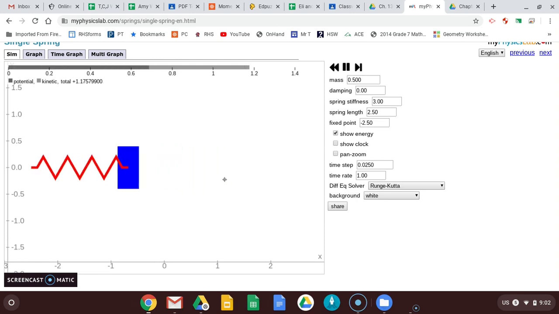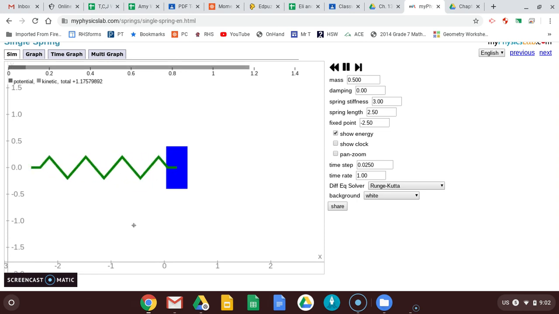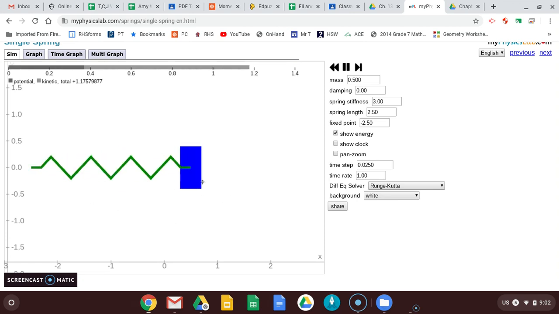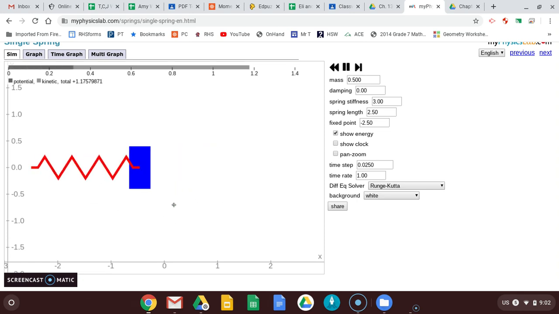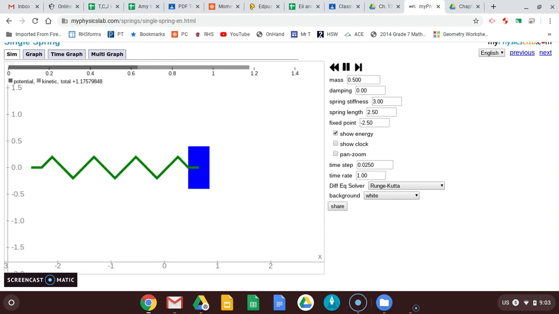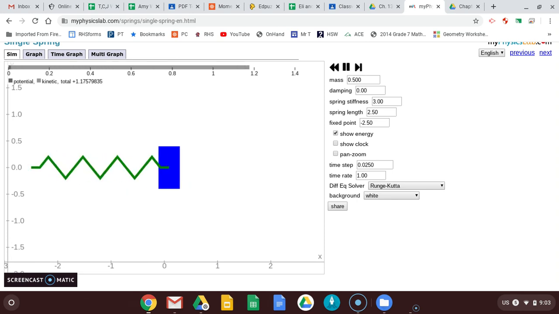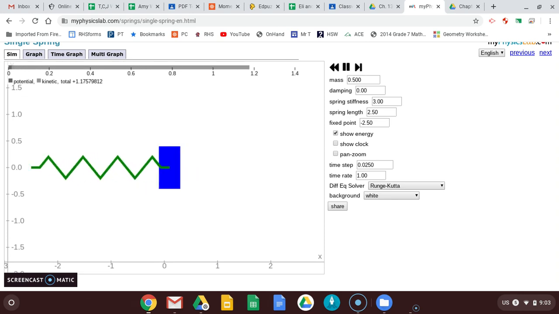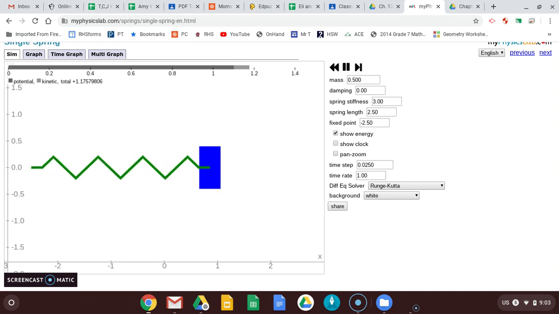So the most potential is at the greatest compressions and stretching, or the endpoints of this right now. There and there have the most potential. So somewhere in the exact middle would be the equilibrium position of the spring, about where I have the cursor right now. That would be where kinetic is at its greatest, halfway between its max stretch and max compression.